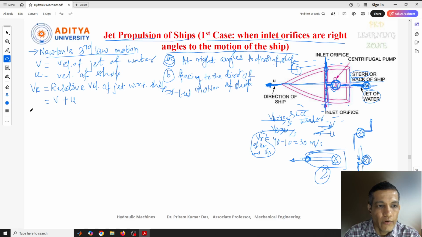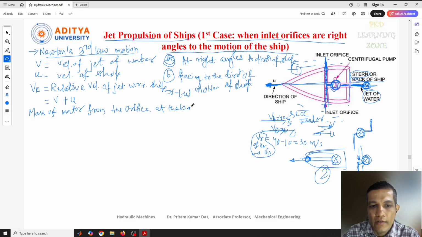Now for this, we can find out the mass of water from the orifice at the back of the ship.